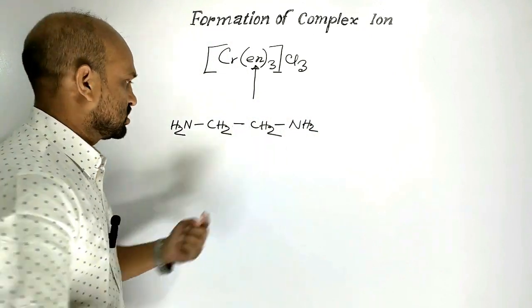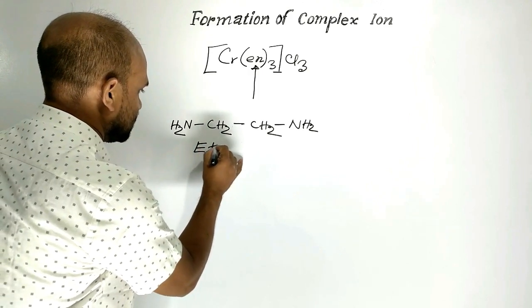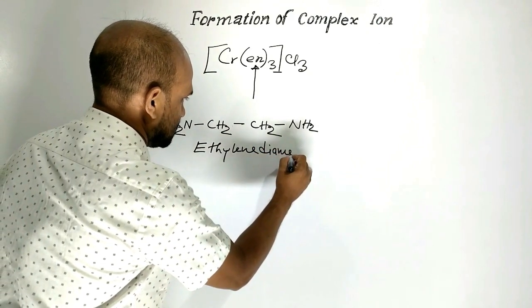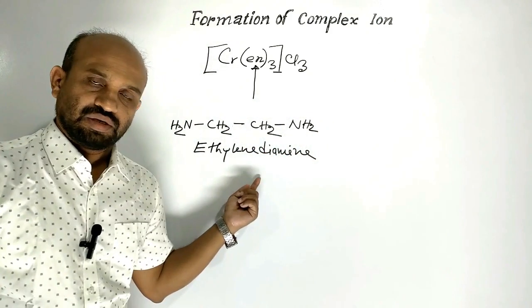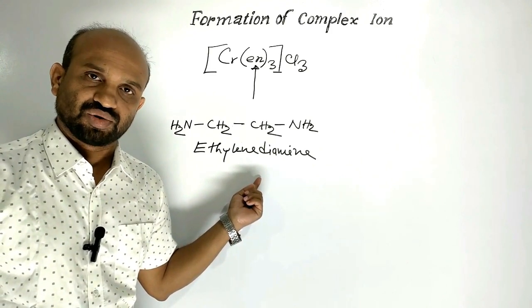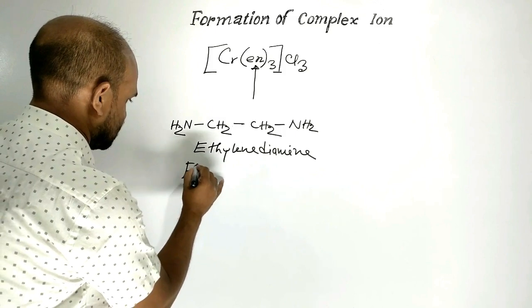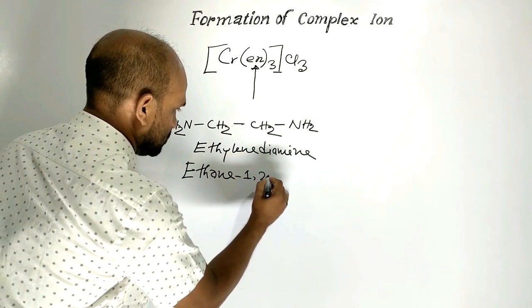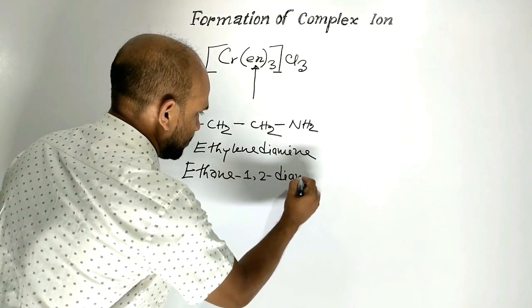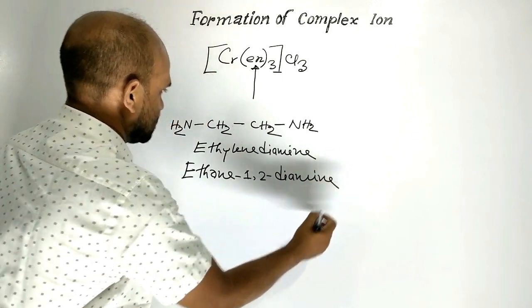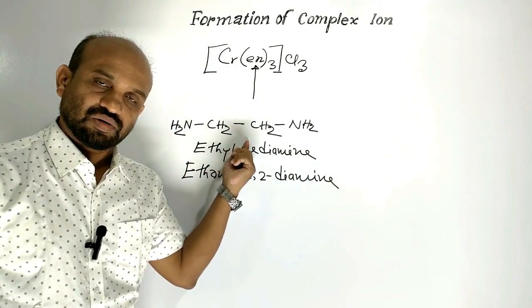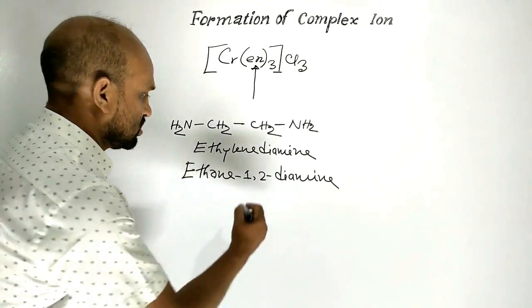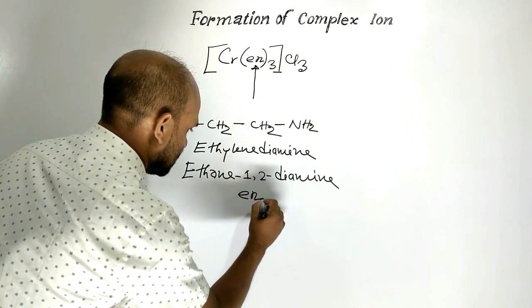Now, this is ethylene diamine, which is also known as ethane 1,2-diamine. Ethylene diamine or ethane 1,2-diamine. This is in short known as N.